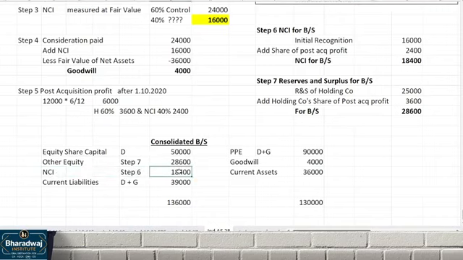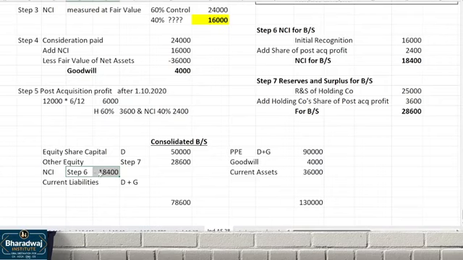This 18,400, this profit includes which one? Dividend. Let me make a small adjustment. Pay attention. NCI for the balance sheet will not be 18,400. This includes dividend payable to NCI.